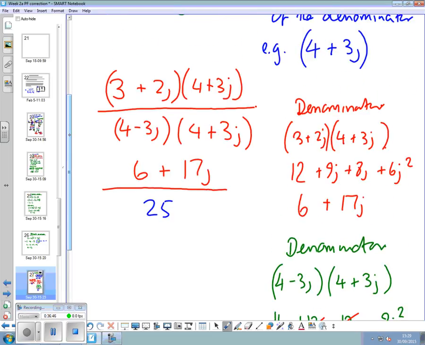You then get 6 divided by 25, plus 17/25 j. Eventually you might calculate that, depending what you're doing.